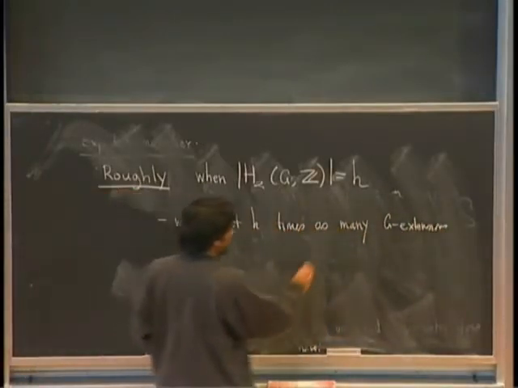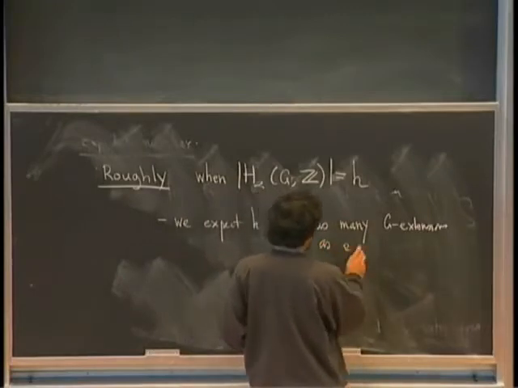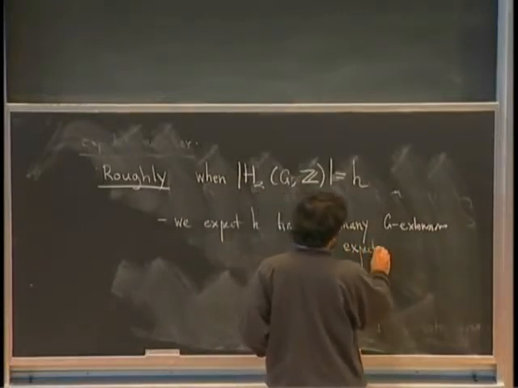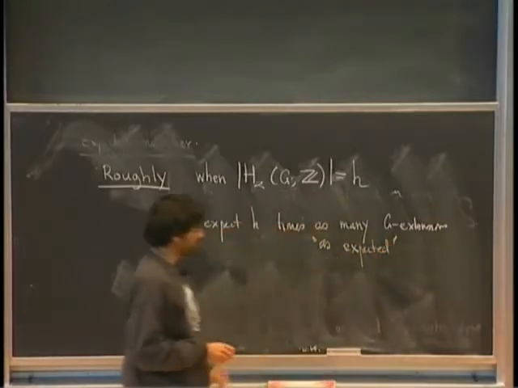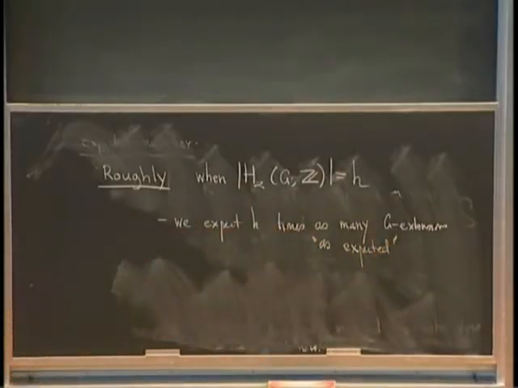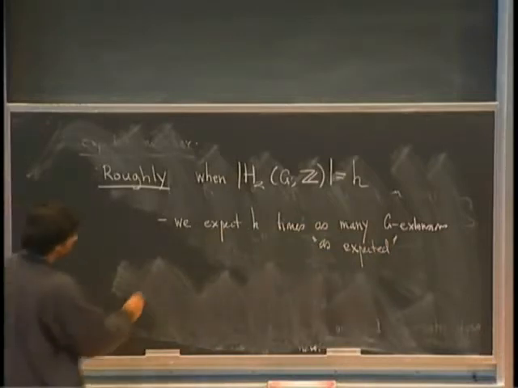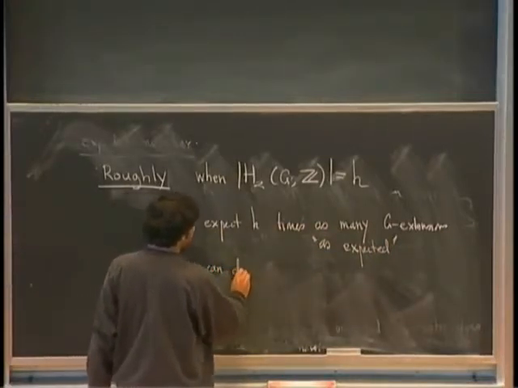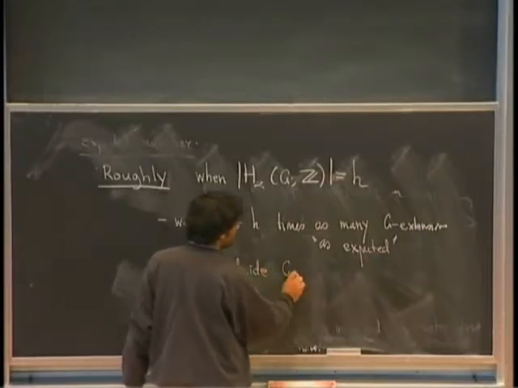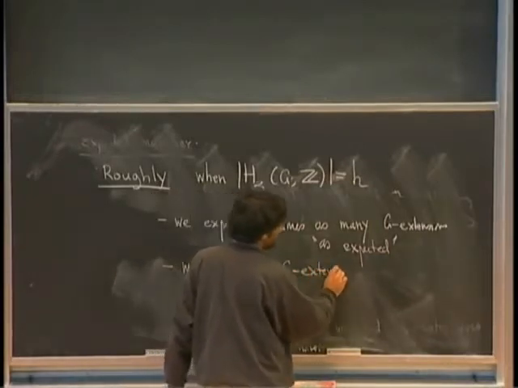As expected means relative to what you would get otherwise. But there's a more precise thing: we can divide G extensions into h different classes.